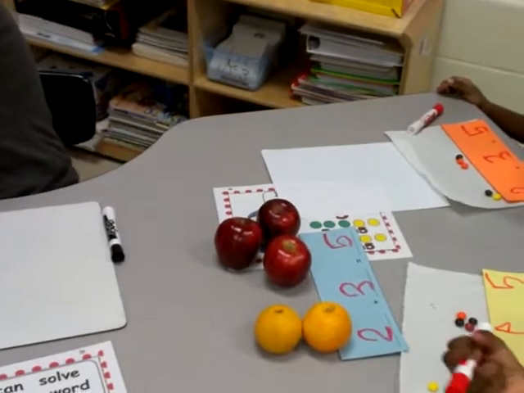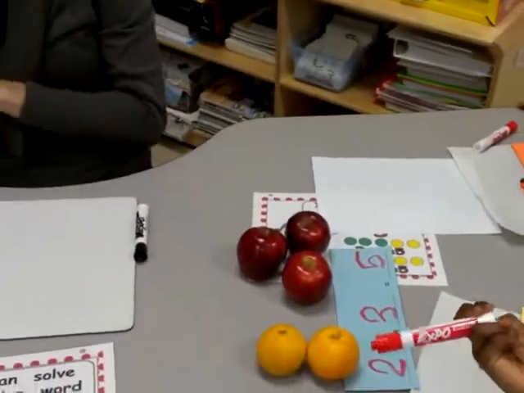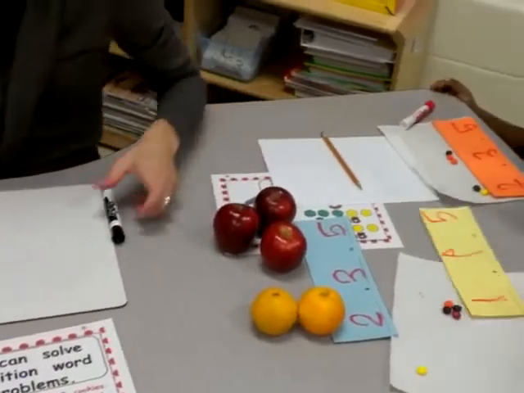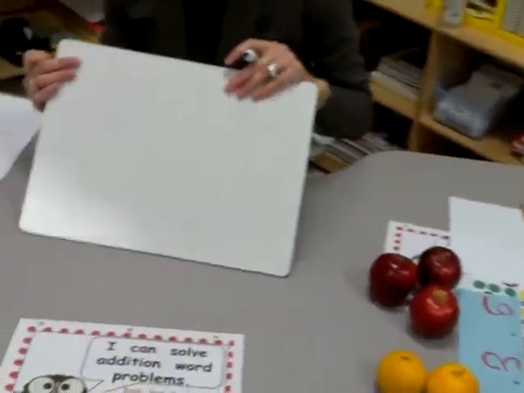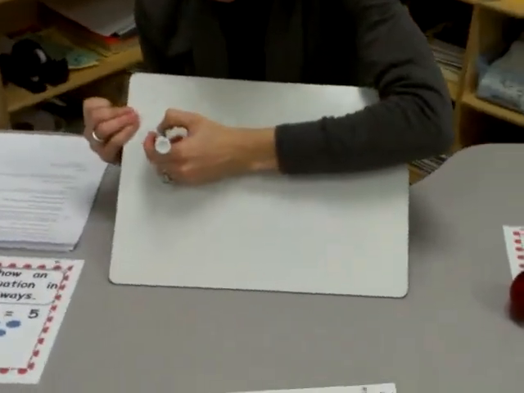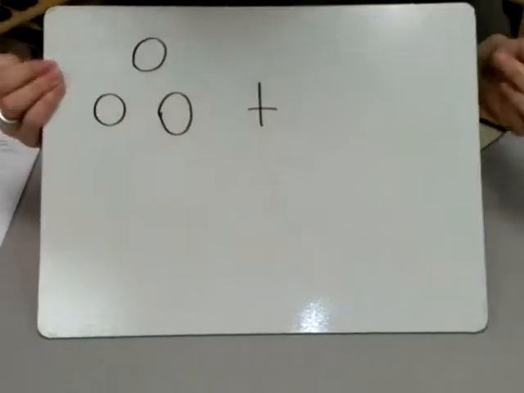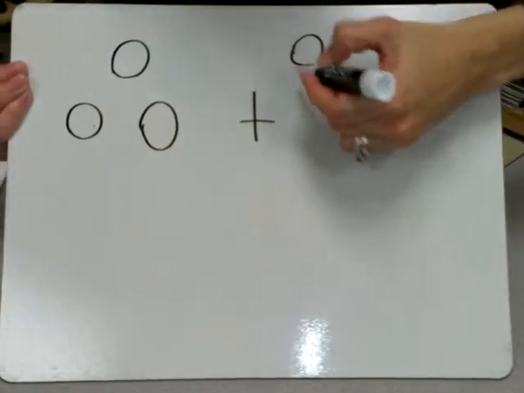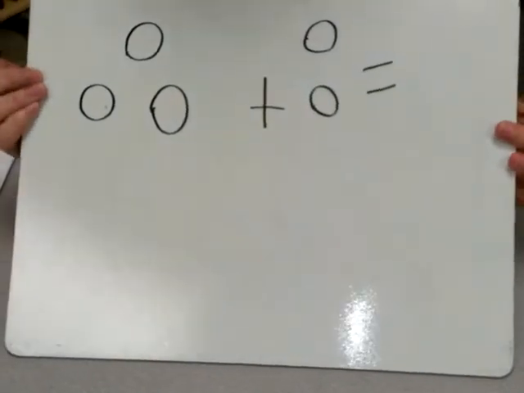So I'm going to give you a pencil. And what I mean by draw is, say for instance, hold on, put your pencils down right now. Say for instance, Miss Harlow had 3 Skittles. So what I will do is draw 3 Skittles. And then I'm going to add how many? 2 more Skittles. And when I have 3 Skittles and I add 2 more, how many do I have?